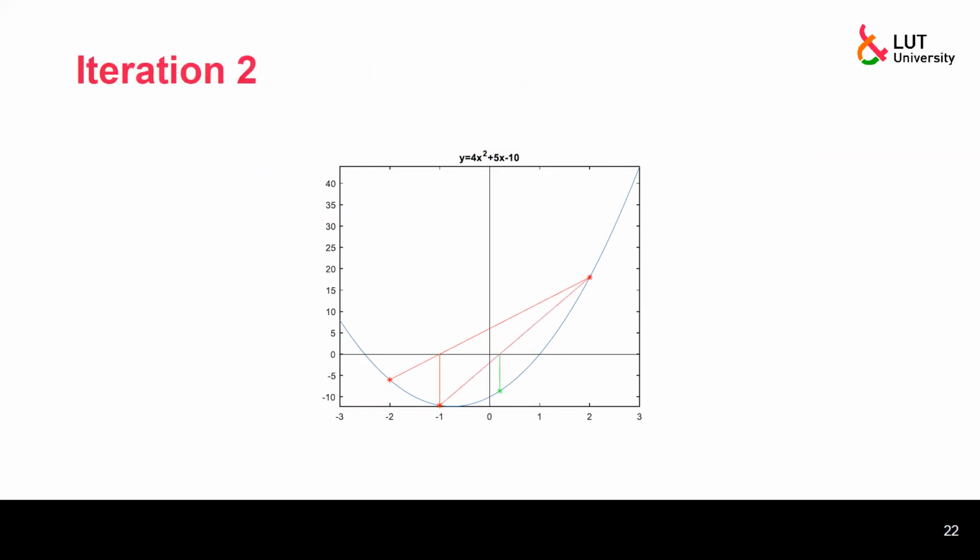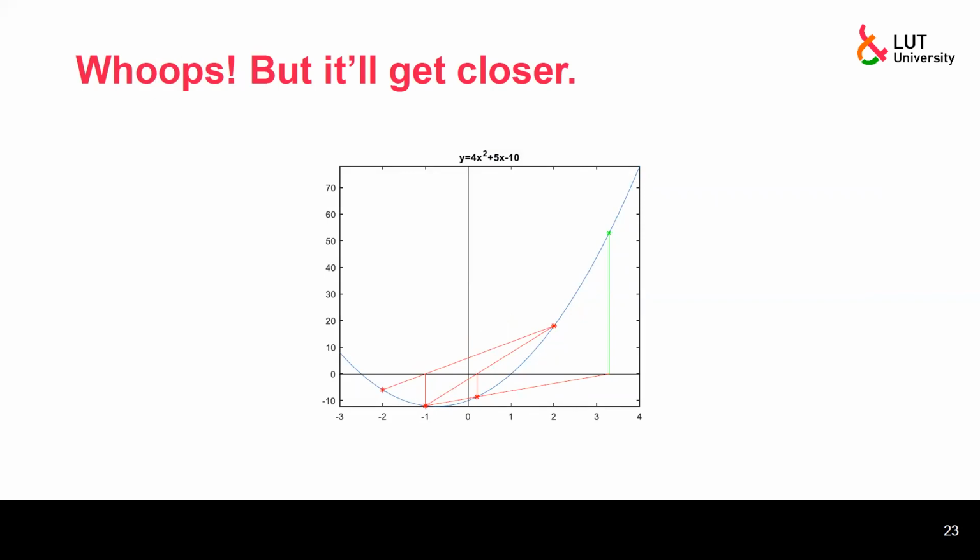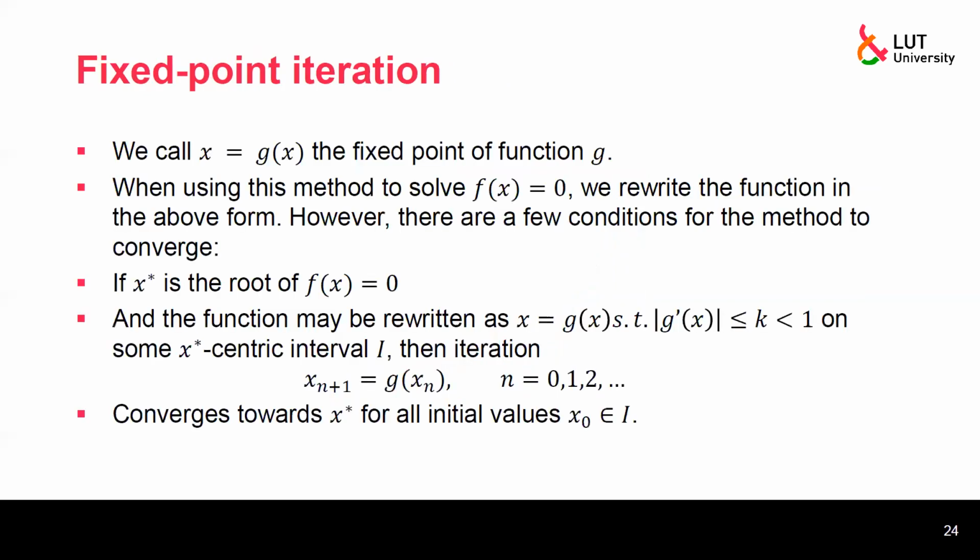Check, then replace the interval endpoint that has the same sign, and check again. Okay, now because the sign is negative, we're going to replace the left one. So now it's actually going to head away, but then the next one will get closer.